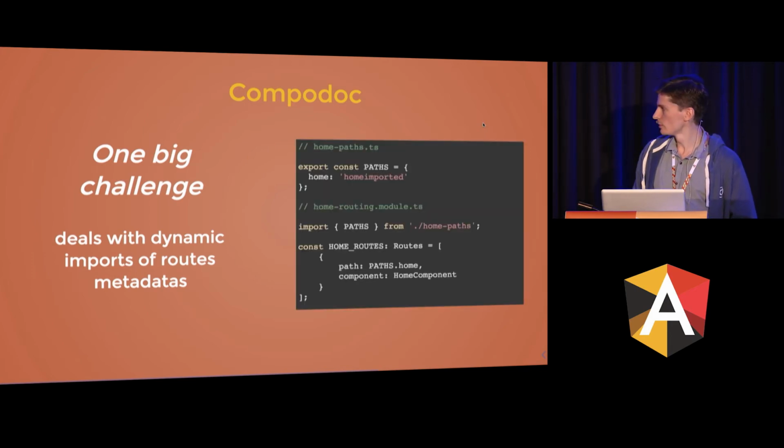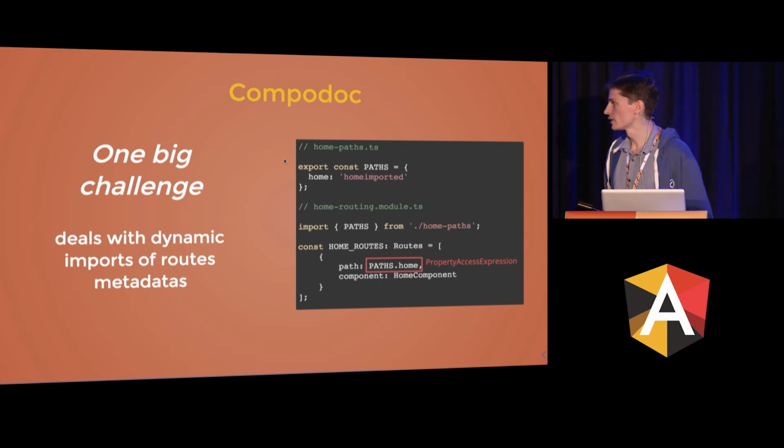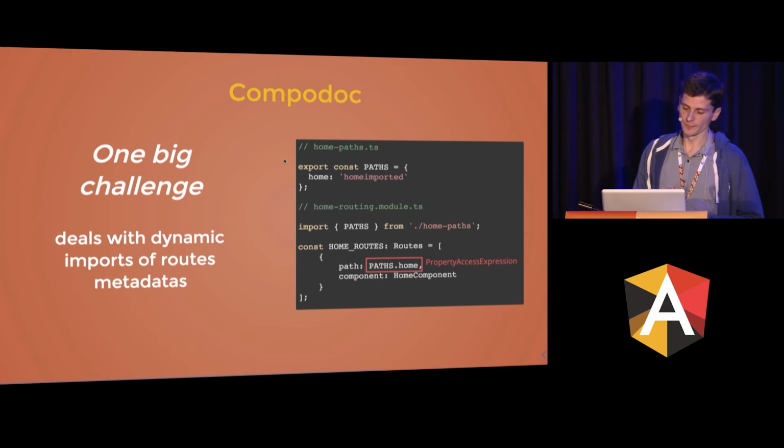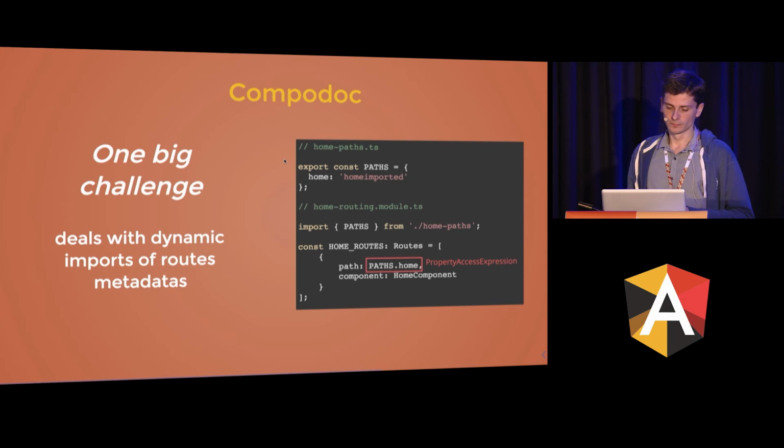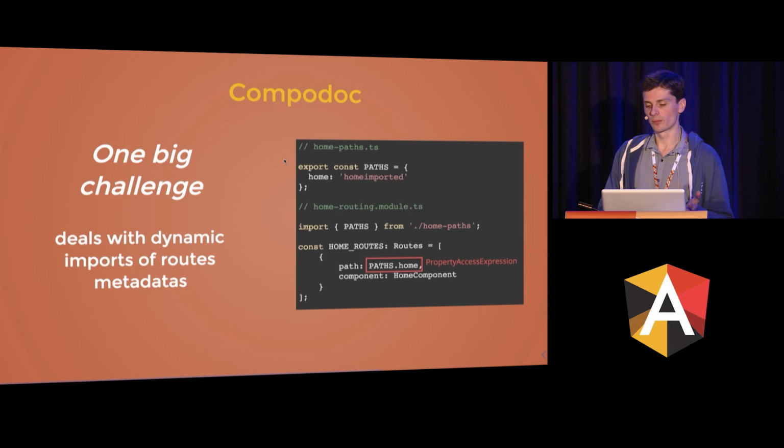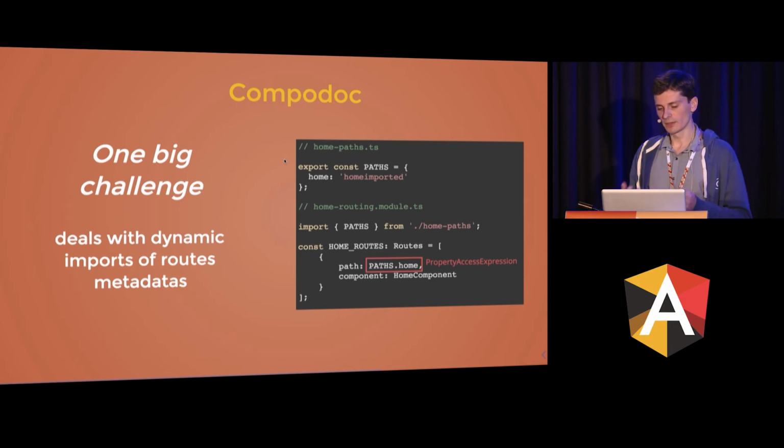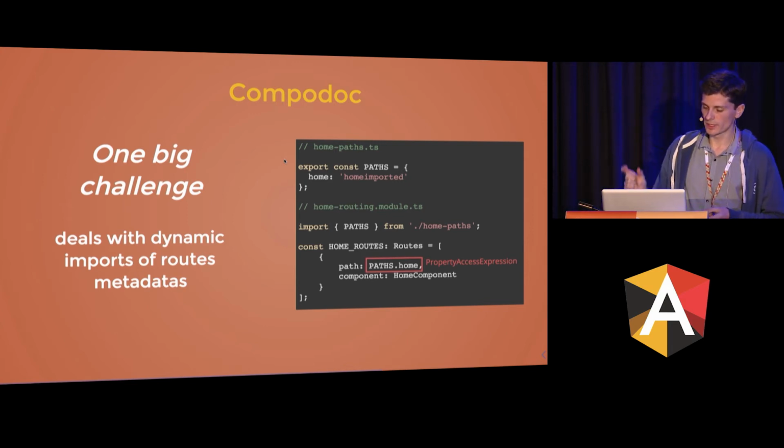Because if we look at this example, we have in the route definition a path.home reference, which is not directly a string like we usually use inside our code base. It's a TypeScript compiler reference, a property access expression. And we don't want to use this value directly for printing the routing, for example. We want the value of this import directly.